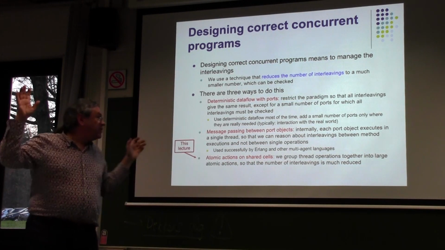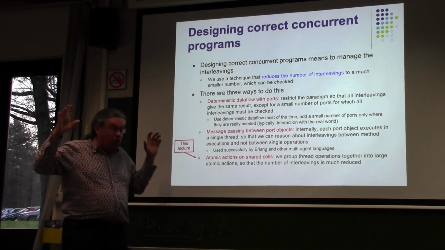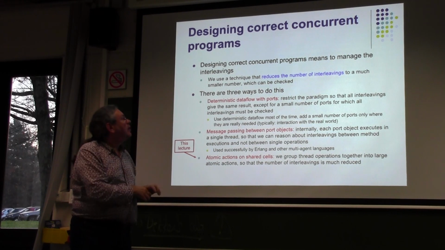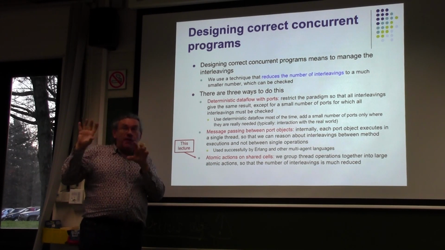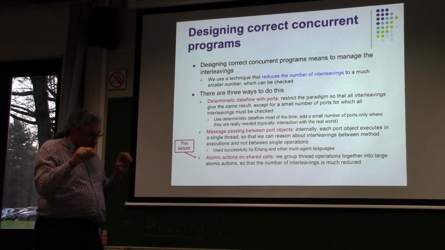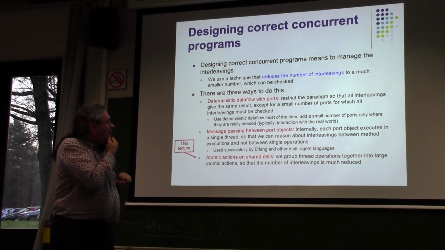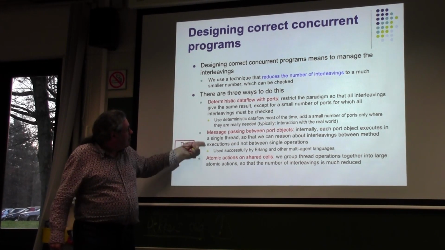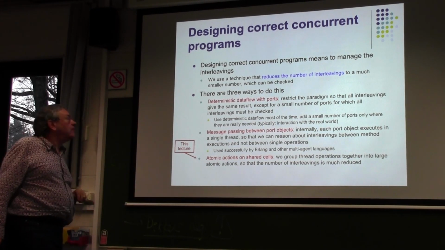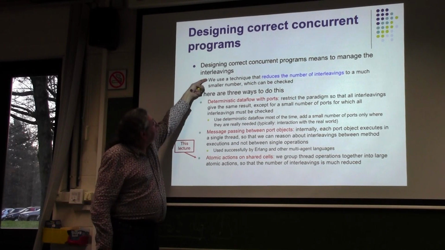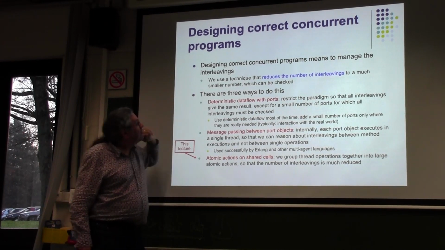Instead of this big, large exponential number, we turn it into a much smaller number. And that smaller number can be checked by hand or by tool. And the three paradigms have different ways to do this. So this is the technique: reduce the number of interleavings.